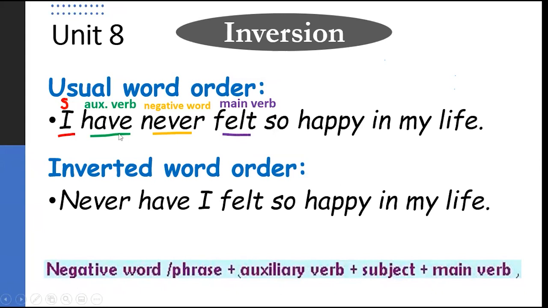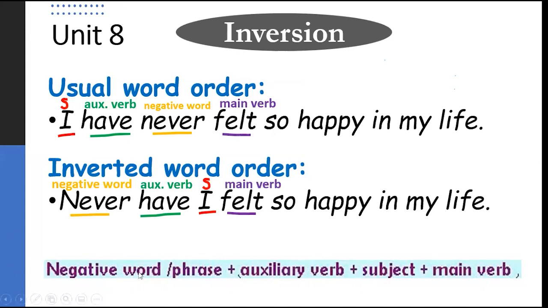So this sentence changes like so. As we said, the first thing that comes is the negative word, never, which we have in the sentence. Then it told us the second thing is the auxiliary verb, which I have in the sentence, so I put it. After that the subject, which is I, comes. And then my main verb comes afterwards. Okay, so this is the form for inversion.